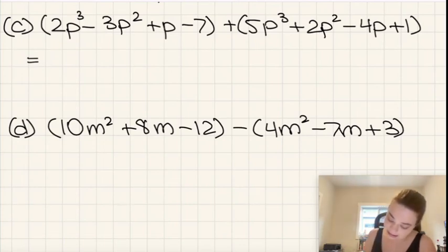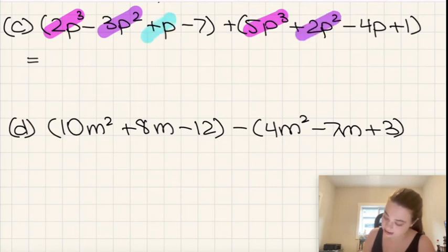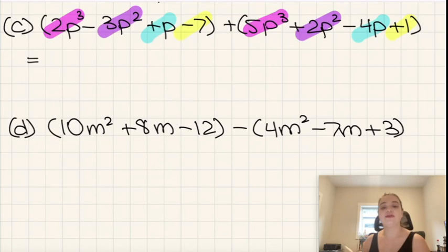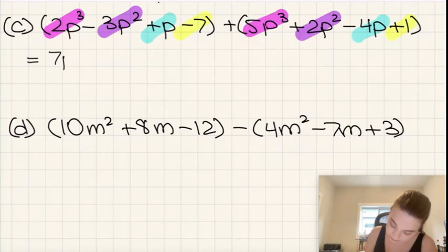Okay, but anyways, let's first add up the p cubeds, then the p squareds, then the p's, and then the constants. Sorry, I'm going to use different colors for each one. There we go. Okay, so let's first add up the pinks, which are the p cubeds. 2p cubed plus 5p cubed is 7p cubed.